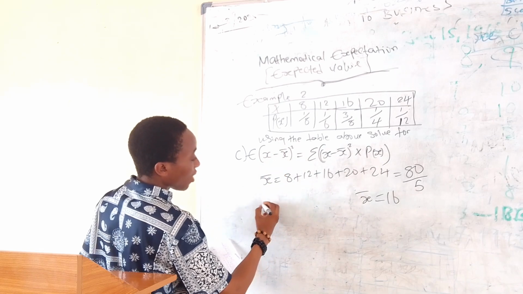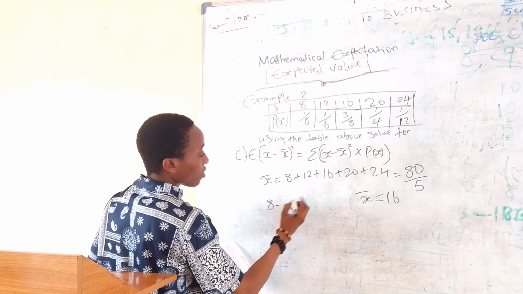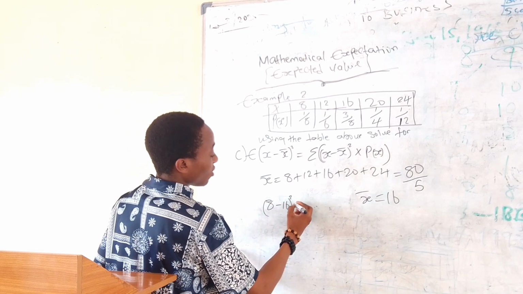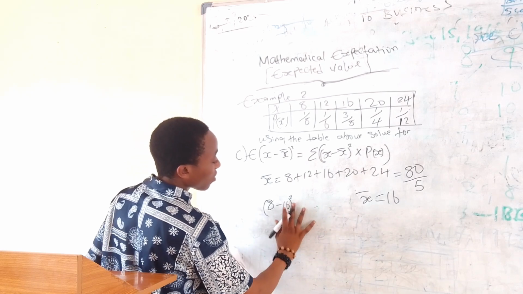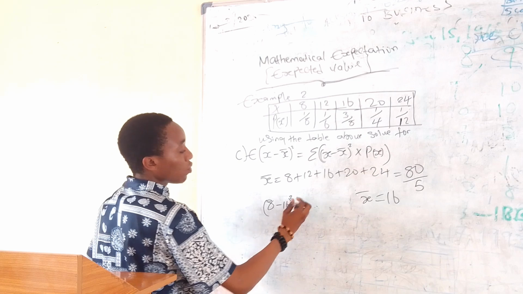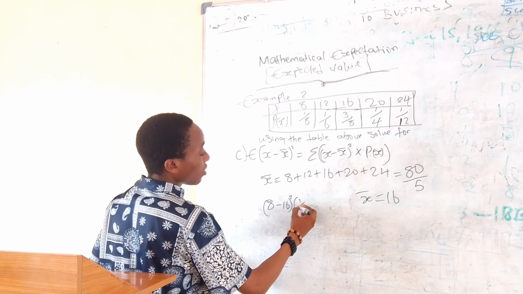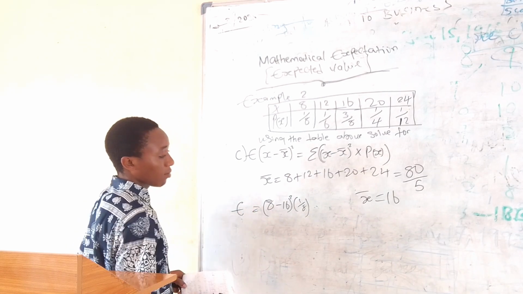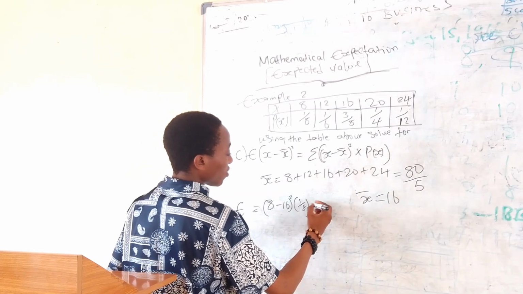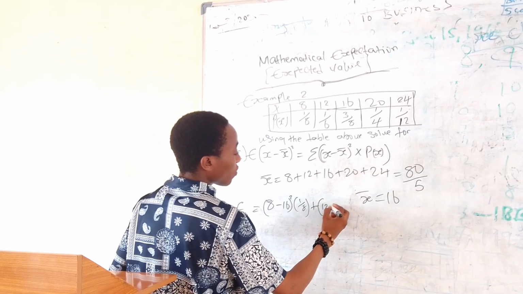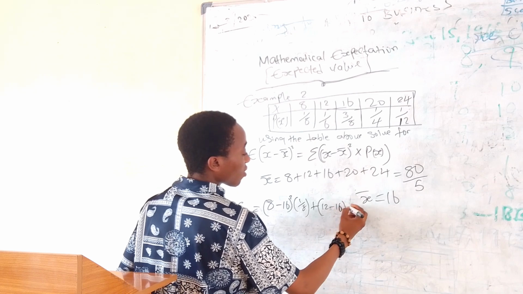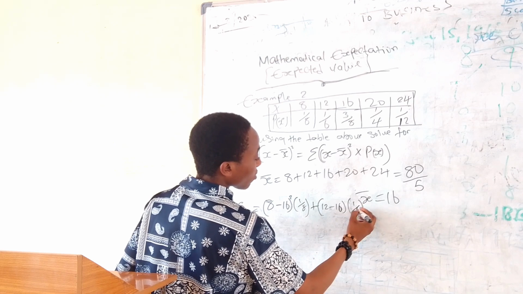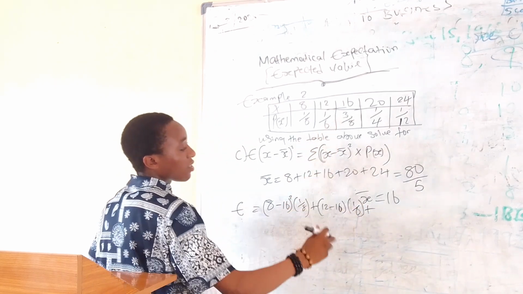In that case, x here is 8, so we have 8 minus 16 to the power of 2, multiplied by 1 over 8. Next one is 12: 12 minus 16, to the power of 2, multiplied by 1 over 6, plus 16.